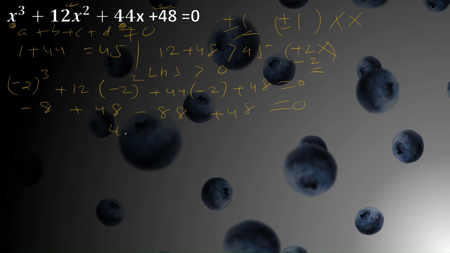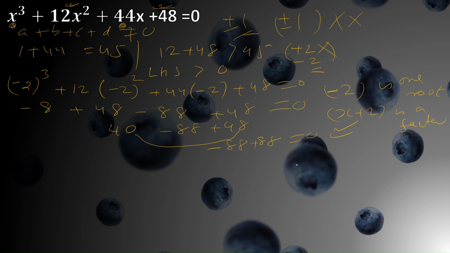Minus 8 plus 48 is 40, minus 88 plus 48, so 40 and 48 it will become 88, and this minus 88, it's 0. It means our condition is satisfied for minus 2. So minus 2 is one root. It means x plus 2 is a factor.